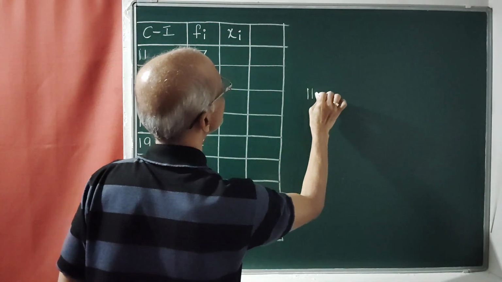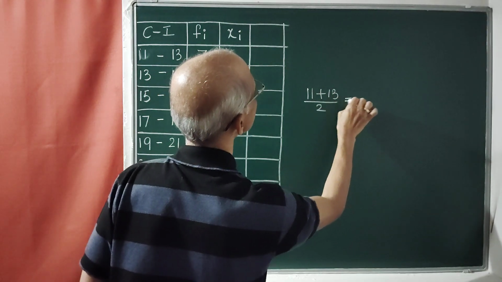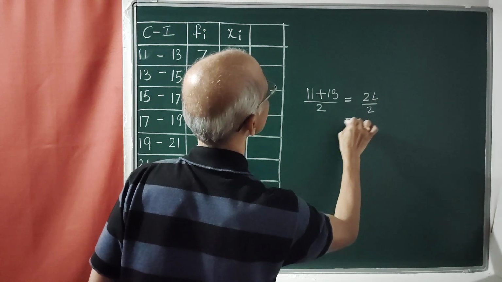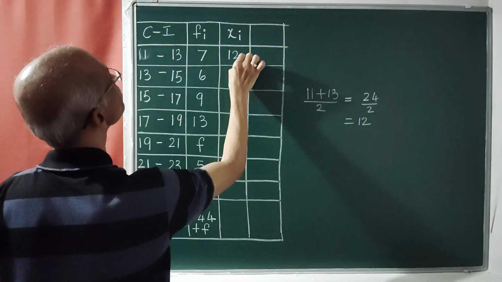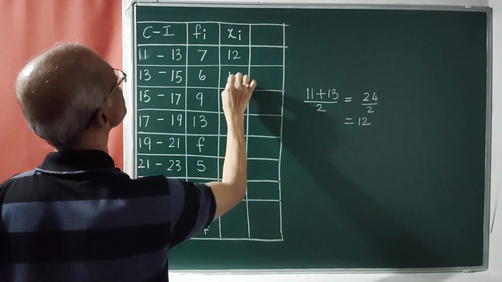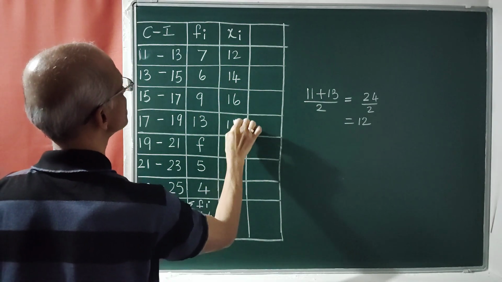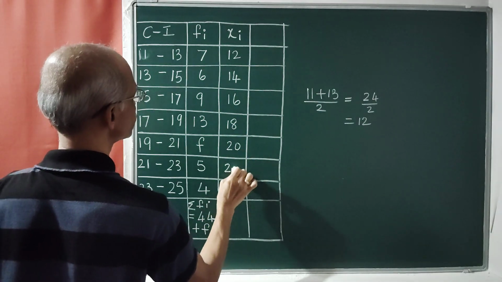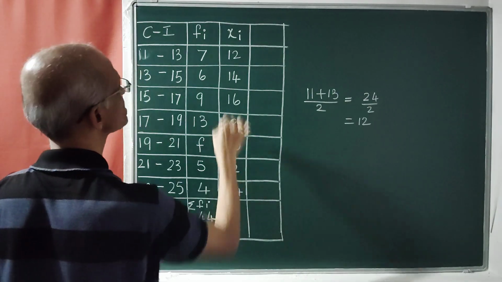How to find? 11 plus 13 divided by 2, 24 divided by 2, that's equal to 12. You will get xi is 12. So here it will be 14, 16, 18, 20, 22, 24. They are the xi's.